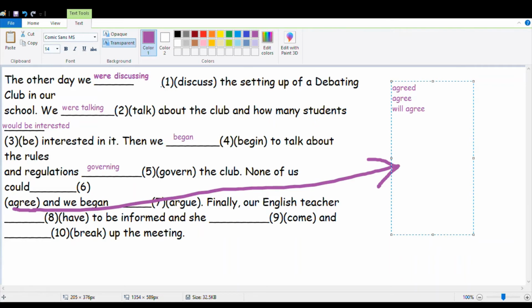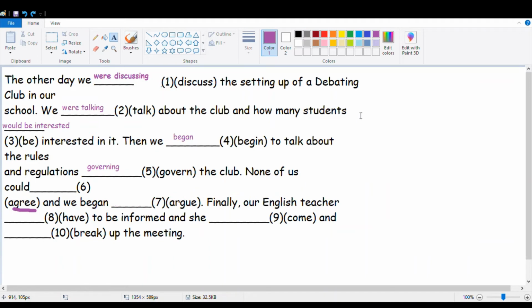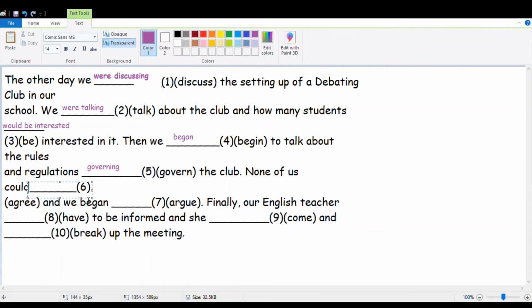Could only works with the present simple. It does not work with anything else. So if you say could had agreed, that just sounds ridiculous. Could have agreed, we don't even have to go on. So we can just pick the present simple because could always goes with a present simple verb, and that is the answer here. Could agree is the only one that would make sense.